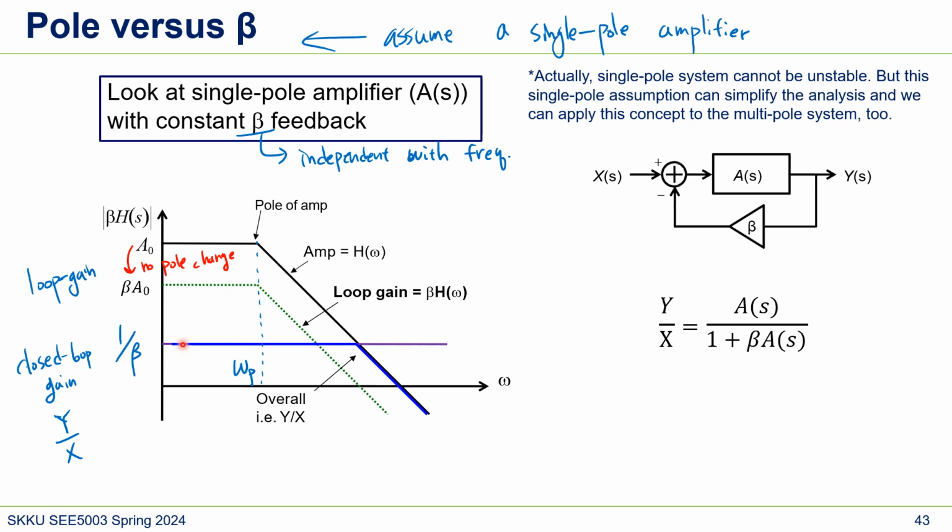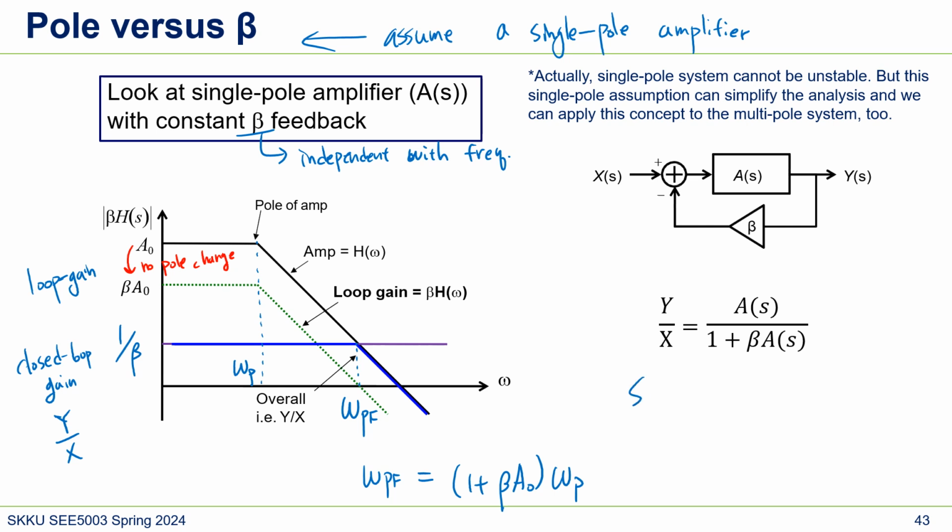When we do a closed loop, we calculated that our pole increased. So this would be our new pole, and the new pole is increased by 1 plus beta A0 times omega P.